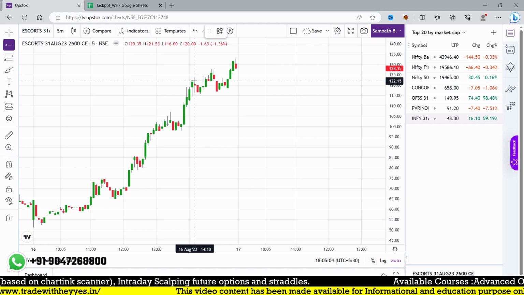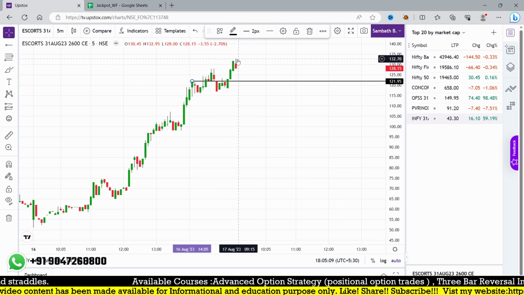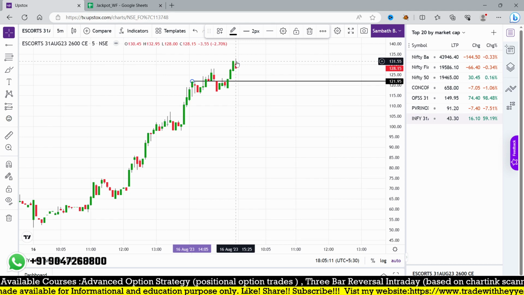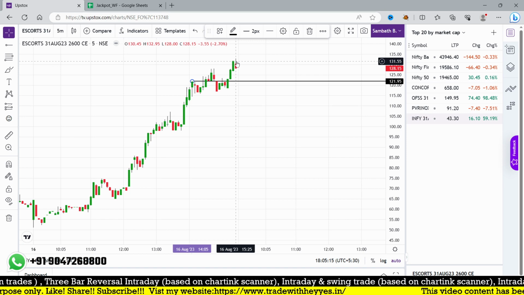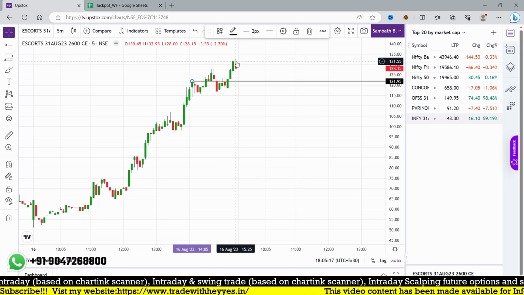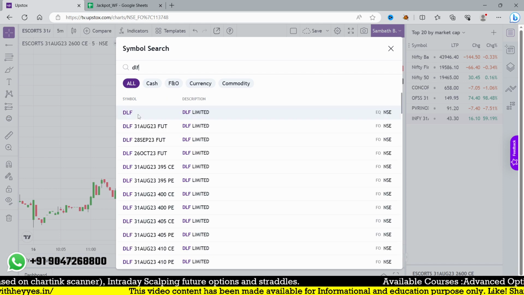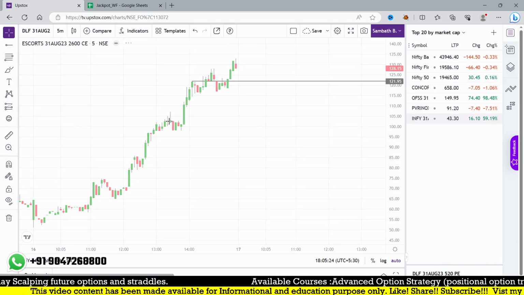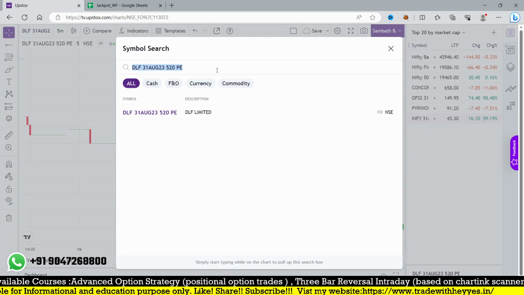After that it came down to 116 and finally closed at 132. As an intraday trade, maybe around 5 to 10 points is given. As a positional, you should hold it for tomorrow. Maybe positional sometimes, because the DLF 525 put option, I think 520 or 525 put option. What is that? This is about a call, right?